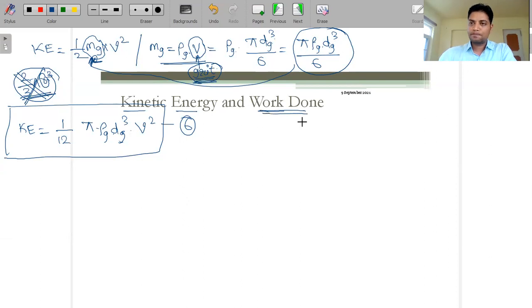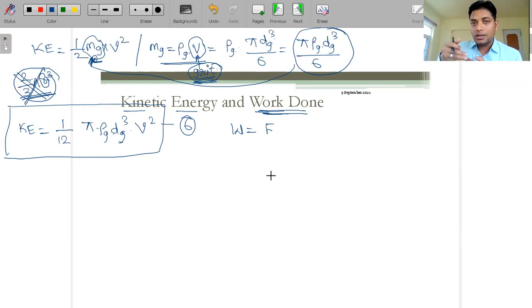Okay guys, now this is the kinetic energy. Next will be the work done. What is the meaning of work done? Work done is how much force is applied up to some specific displacement or distance. So work done will be equals to force, and here this force is impinging over the workpiece surface.